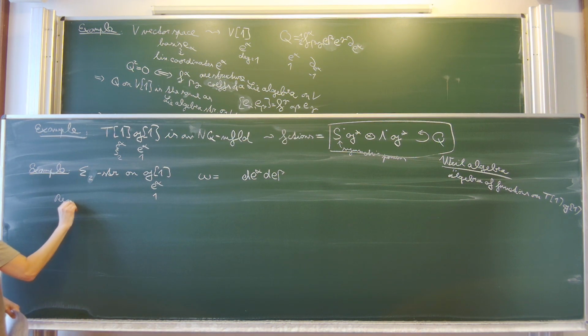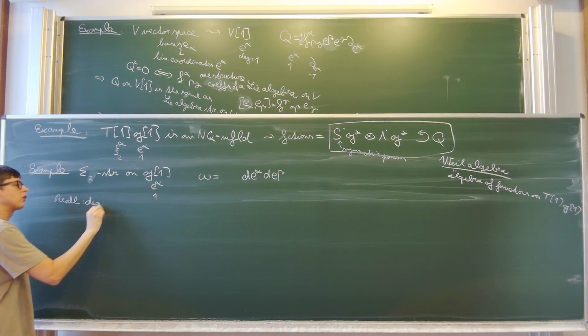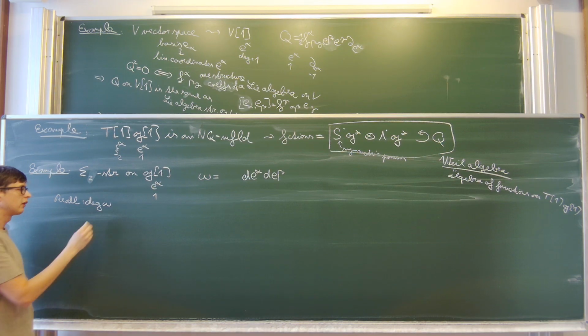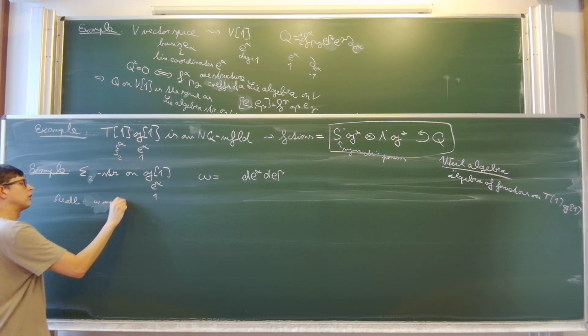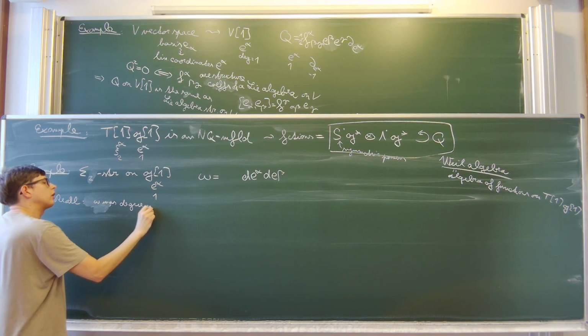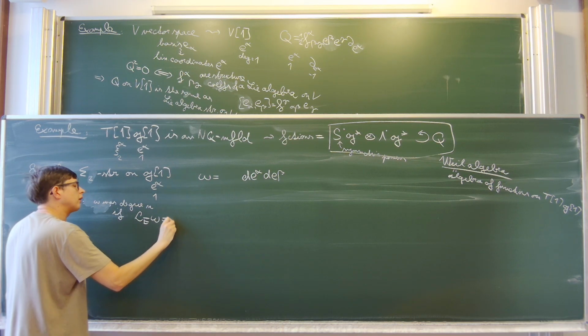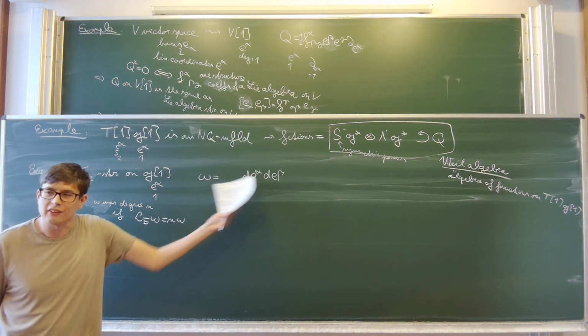Recall that the degree of the symplectic form was not the form degree, but the degree with respect to the Euler vector field. So let's say that omega was of degree n if the Lie derivative along the Euler vector field gives n times omega. So in other words, ignore these when it comes to degree.